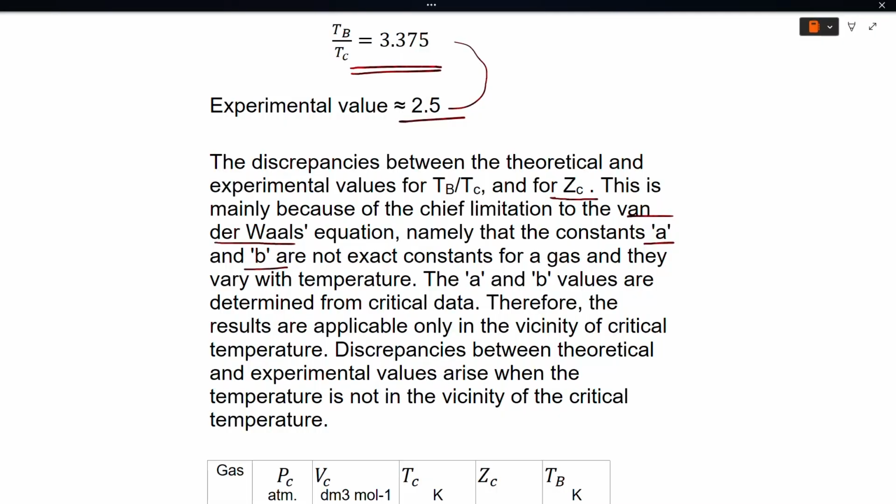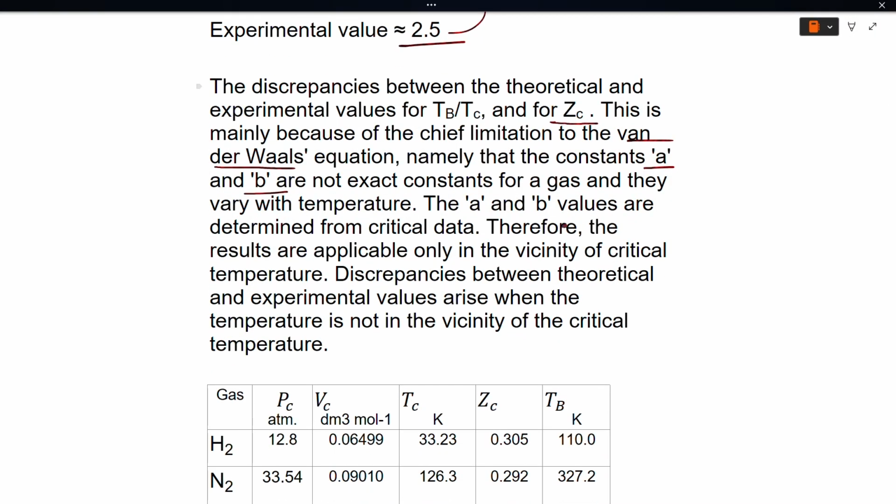Also, a and b values are determined from critical data, and therefore are applicable only in the vicinity of critical temperature and pressure. So that is the difference we find in the theoretical and experimental values for both the ratio of TB to TC and the critical compressibility factor.